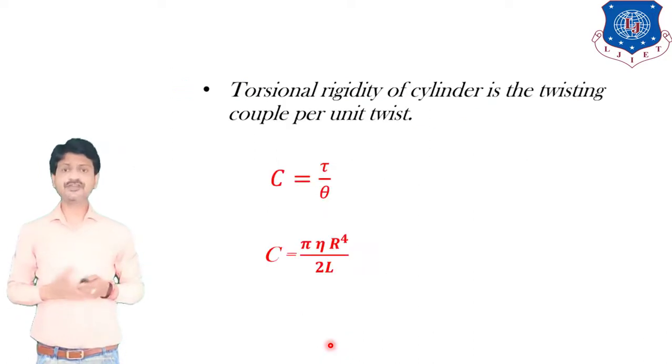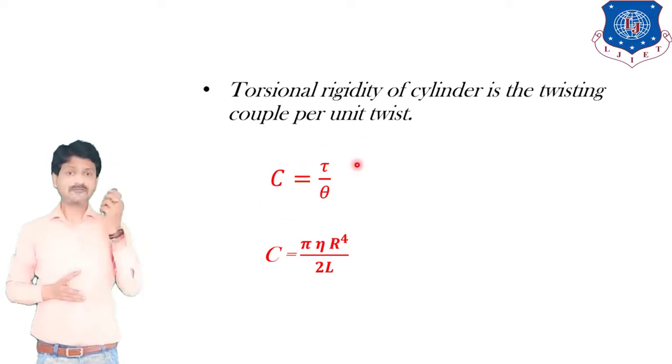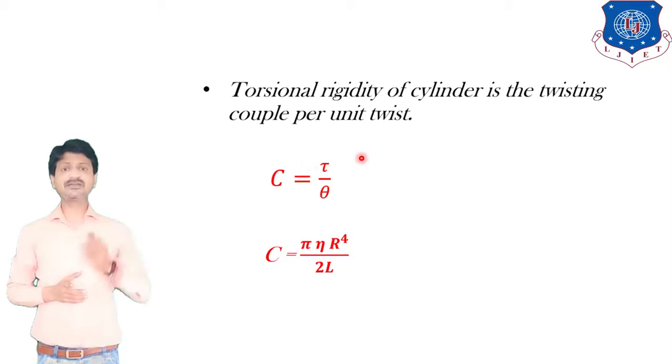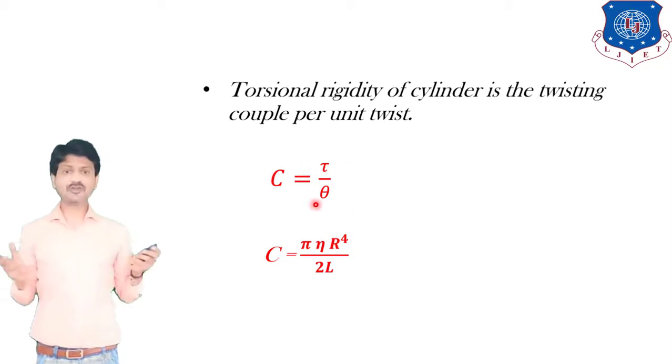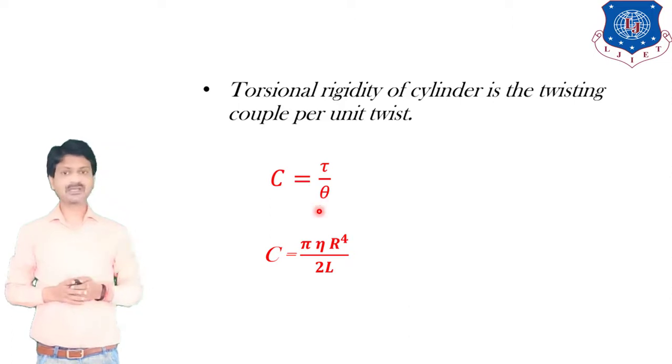Now we know that torsional rigidity of a cylinder is nothing but twisting couple per unit twist. We know that the angle of twist is theta, so torsional rigidity C equals the ratio of tau to theta.